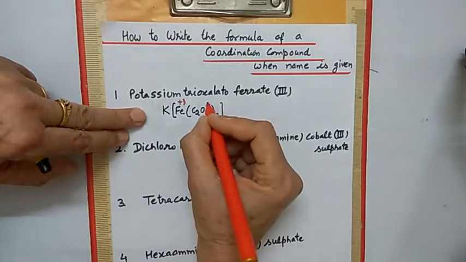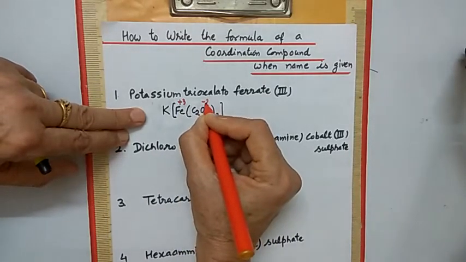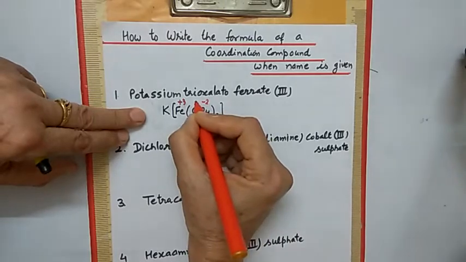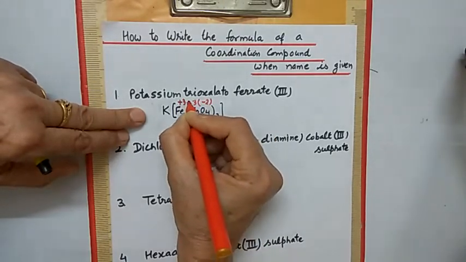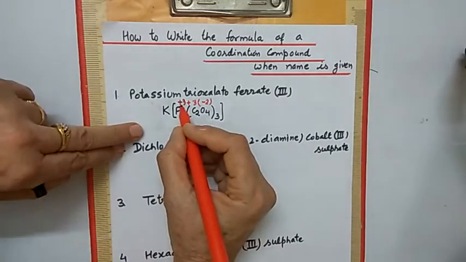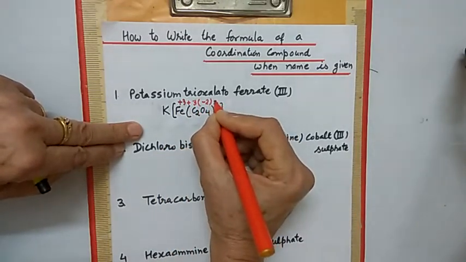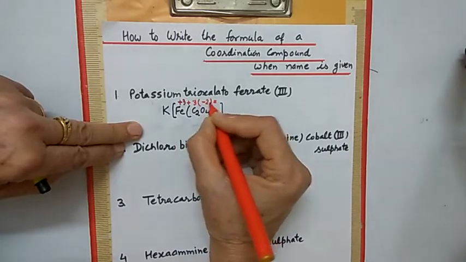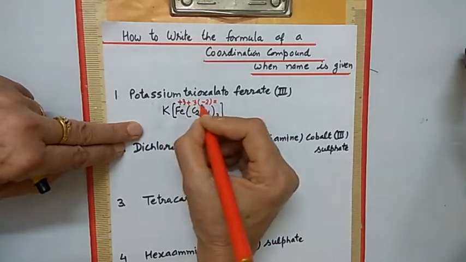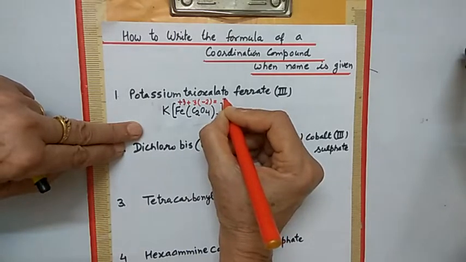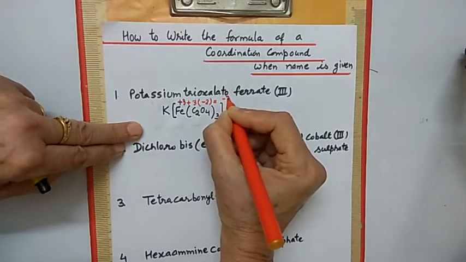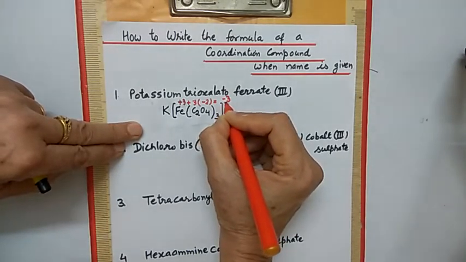The oxalate ion carries charge minus 2, and there are 3 oxalate ions, so 3 into minus 2. Iron plus 3 and 3 into minus 2, how much is the net charge? That is 3 minus 6, that is minus 3. The charge on the complex ion is minus 3.